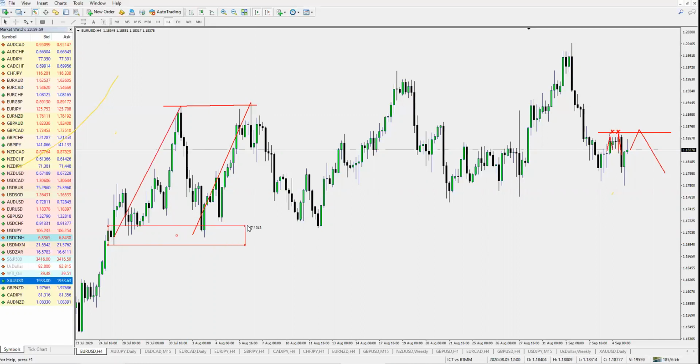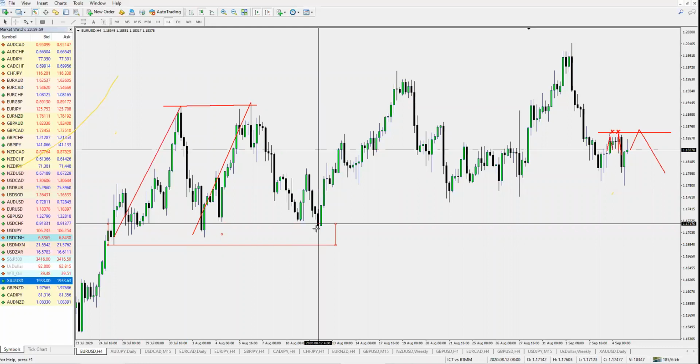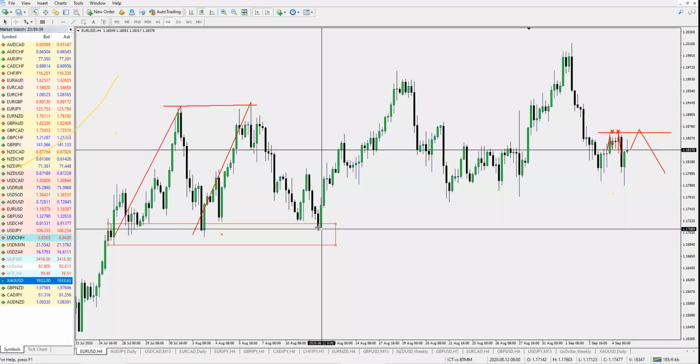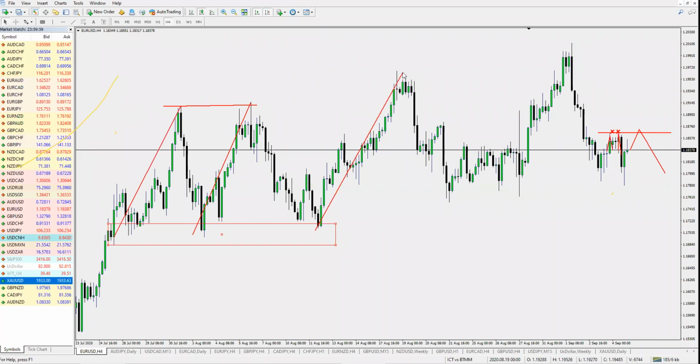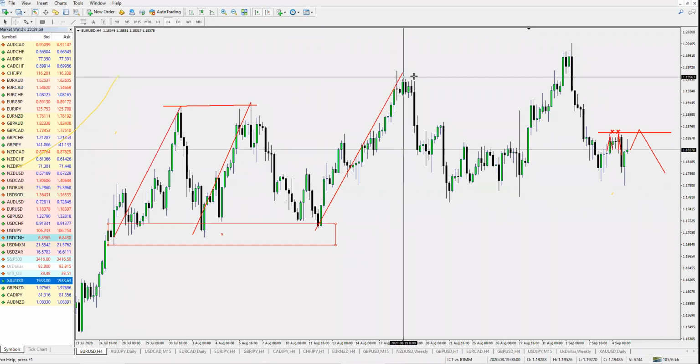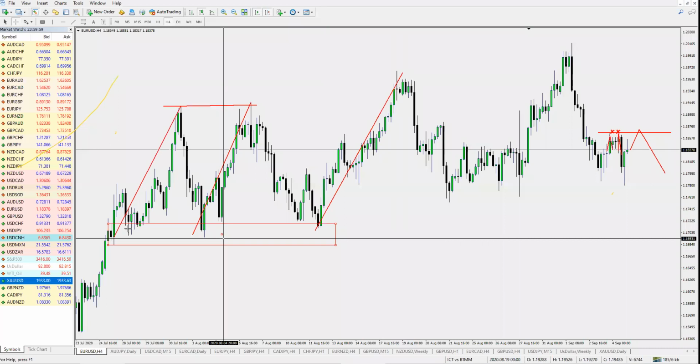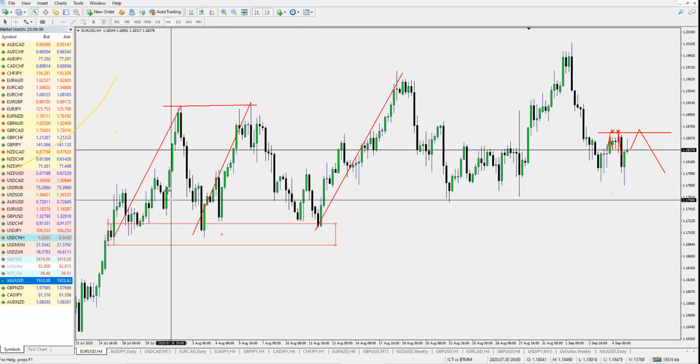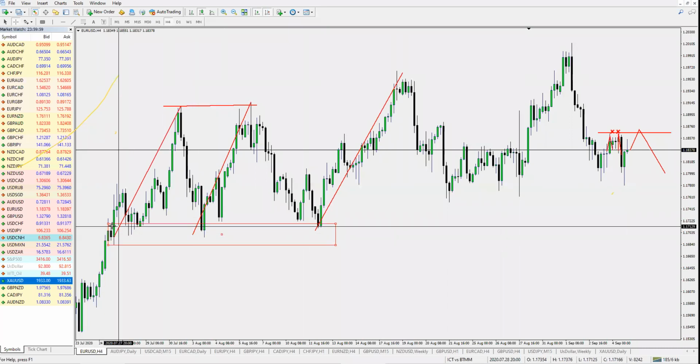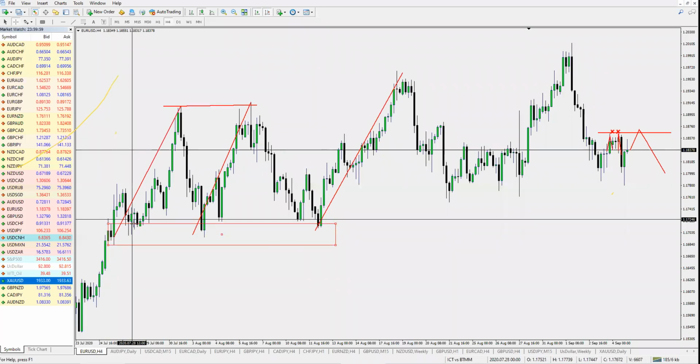And if you see again, price came in and tested that order block, and what did it do? It made another successive move to the upside. So this same order block, without selecting any other order blocks, is a strong order block.